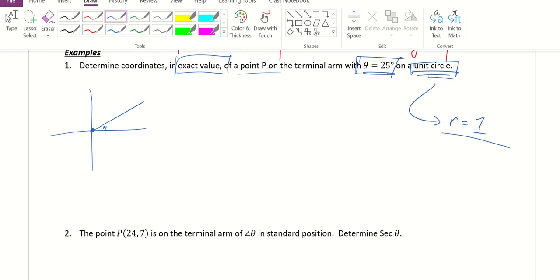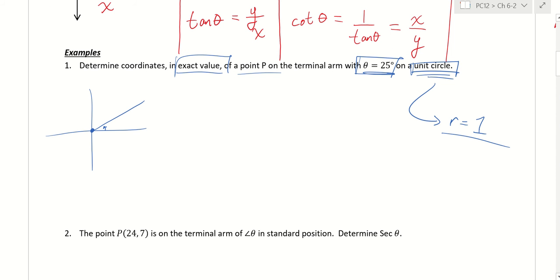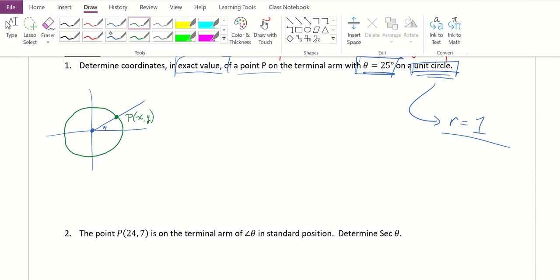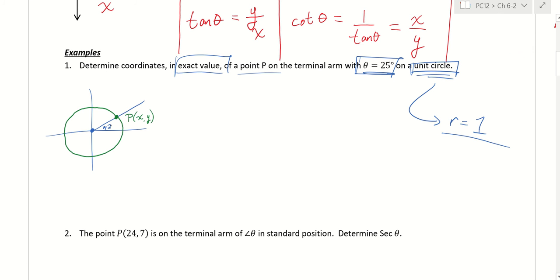But in particular, we have a point P on this terminal arm. And this particular point, I'm really bad at drawing circles, this particular point has coordinates. It is on the terminal arm that is associated with a 25-degree rotation for an angle in standard position.